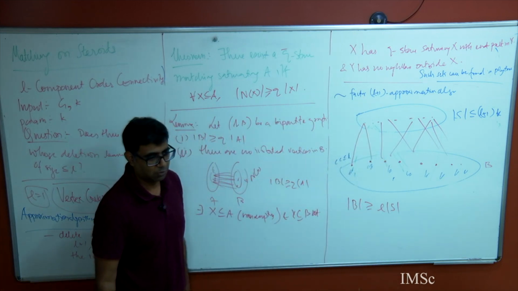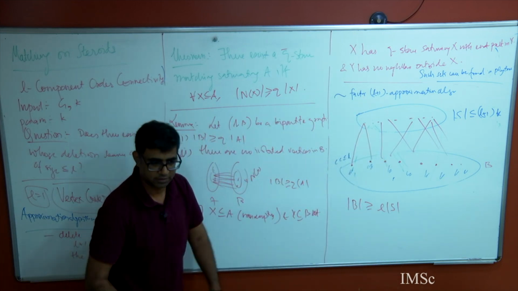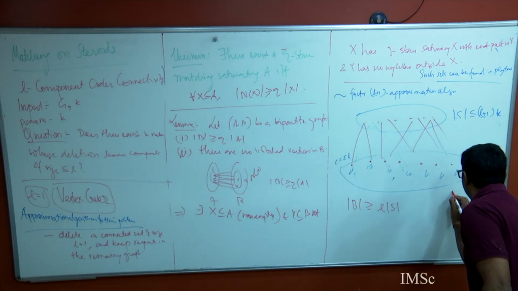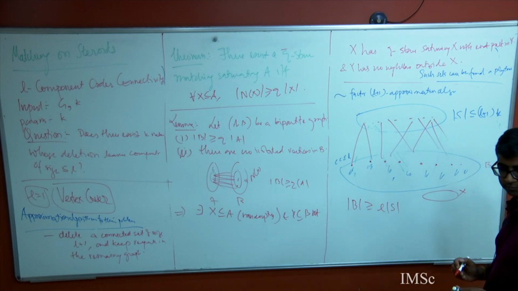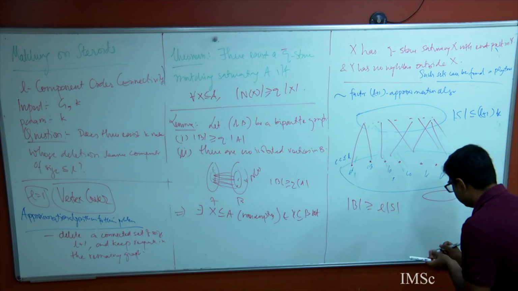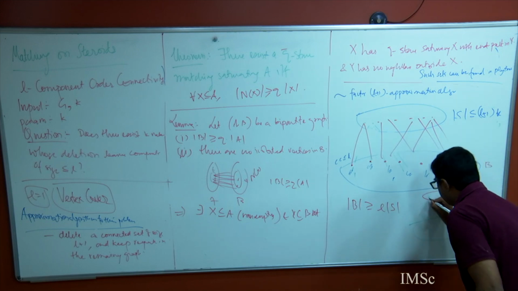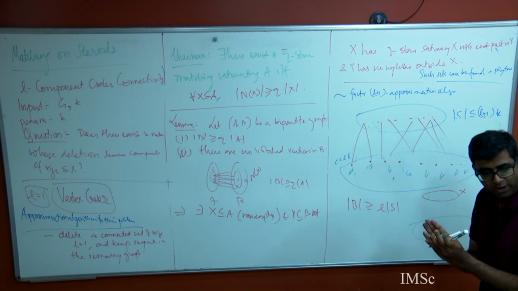If it is, then let's see what we will find. Then we will find a set X here with Y here, and every one of them can be assigned to L components.